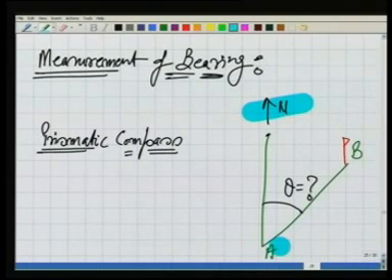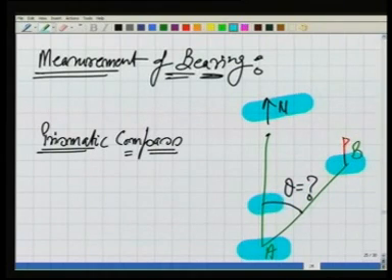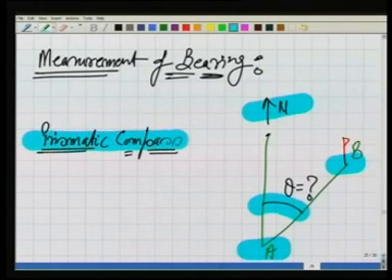Our observer is at A and there is a ranging rod at B, and we are interested in observing this angle theta, which is the bearing. Now there are a couple of instruments in order to do that. We are seeing one, which is the prismatic compass. I will tell you about the various parts of the prismatic compass now.